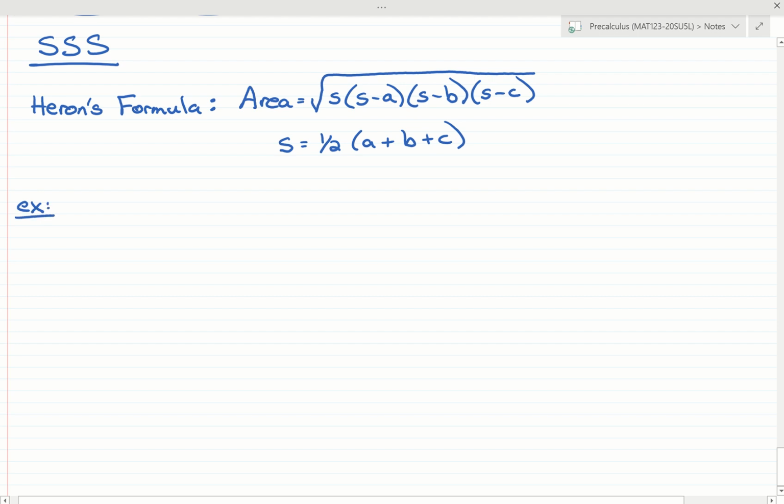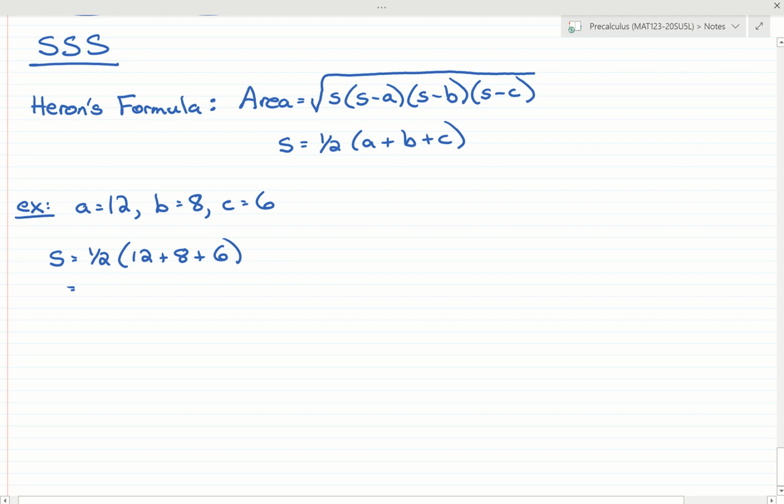What if I told you side A was 12, side B is 8, and side C was 6? First thing we have to do is figure out what S is. S would be 1/2 of 12 plus 8 plus 6.